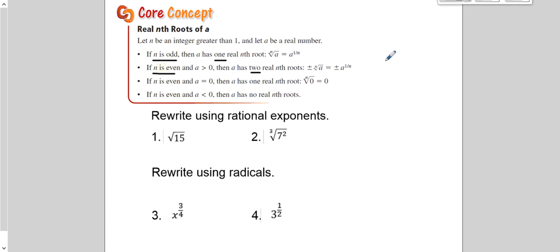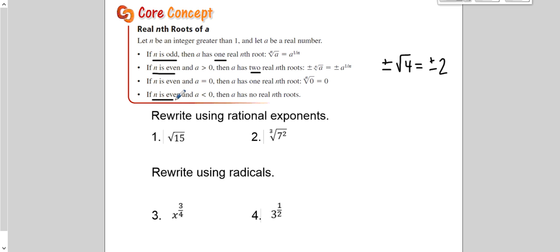That's like if we were doing the plus and minus square root of 4. Square roots have two answers, positive and negative 2, because 2 squared is 4 and negative 2 squared is also 4. So if n is even, we get two real nth roots. If n is even and a is 0, then a has one real root, it's just 0.